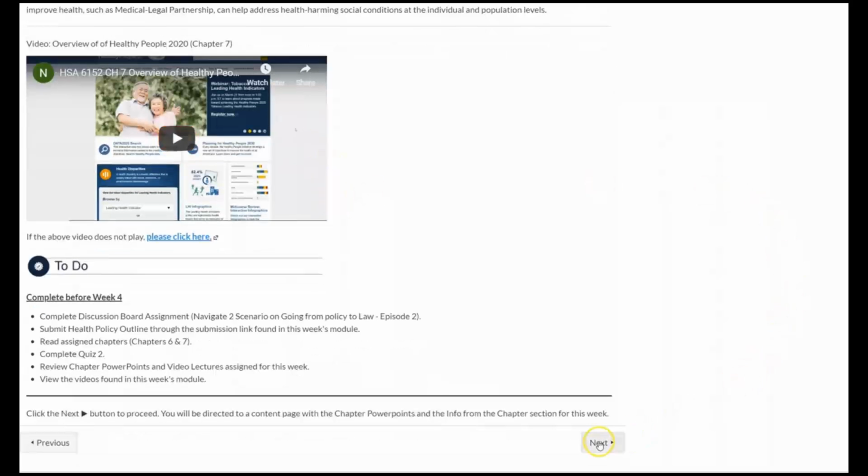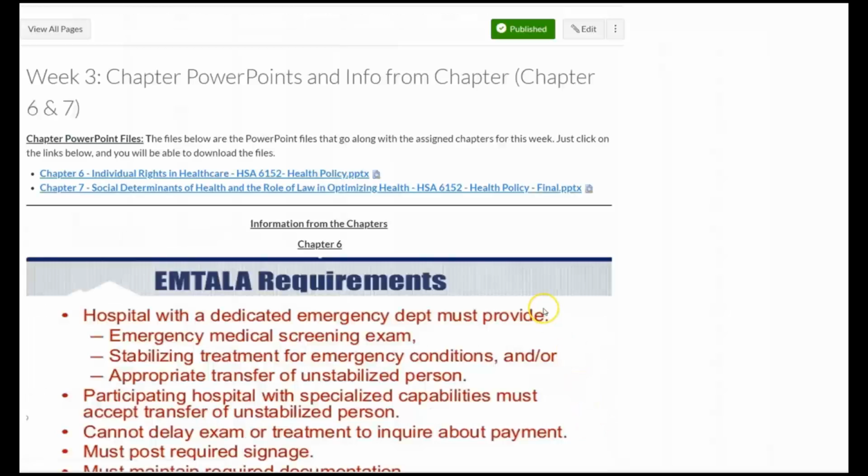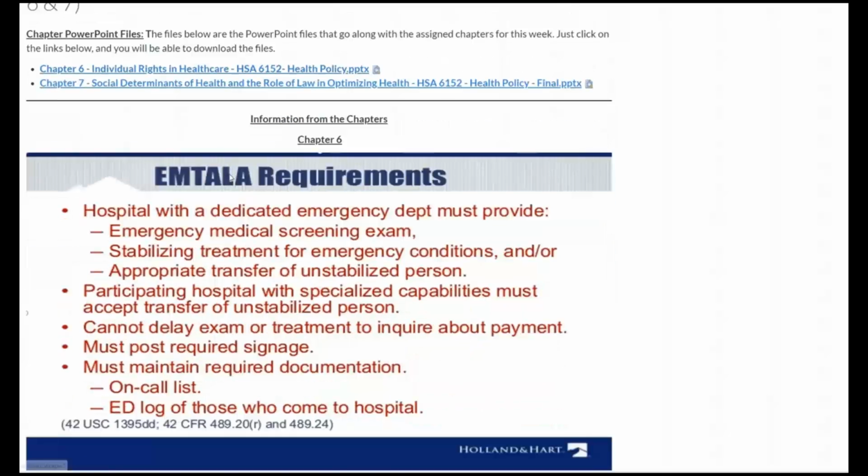All right, so let's jump to the next page. Here you will find the PowerPoint presentations that go along with the assigned readings, and then some information from the chapter.